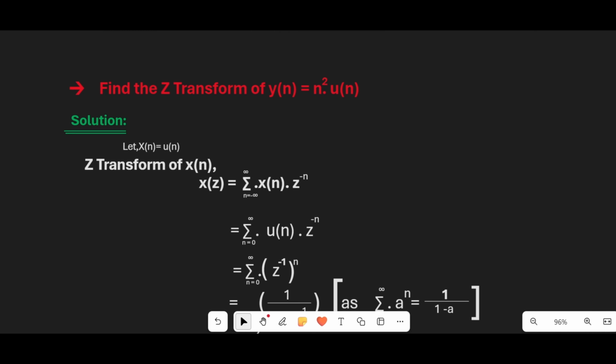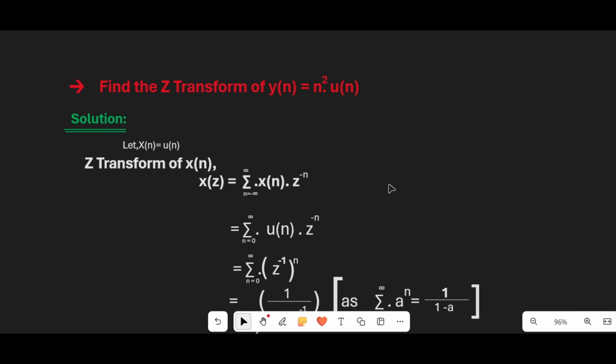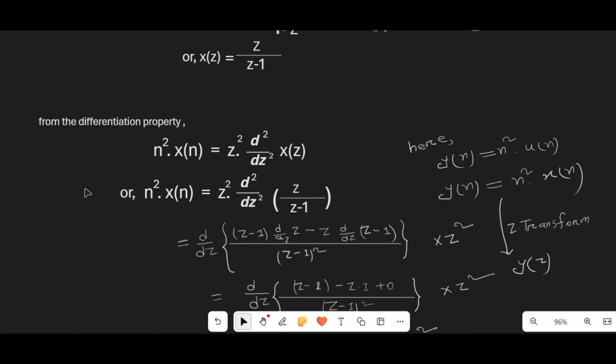But here the function is n square into unit step signal. The Z transform of unit step signal is z by (z minus 1). From the differentiation property, n square into x of n corresponds to z square into the double derivative of X of z.